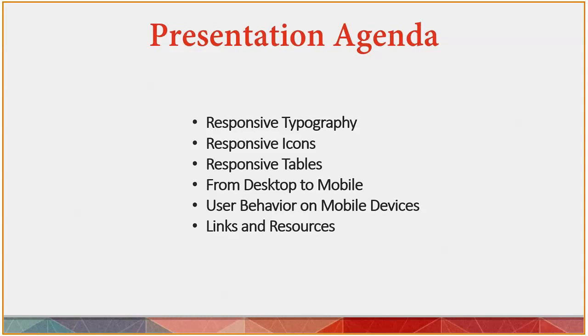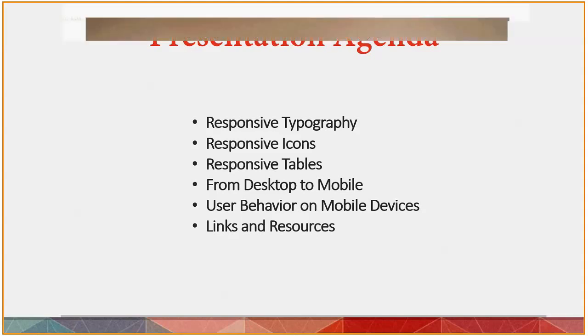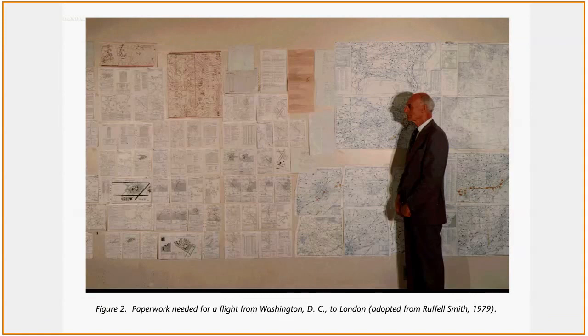Okay, so the next slide is a little bit about the history. This is a picture from 1979 where the plan was all on paper, planned for a flight from Washington DC to London, and as you can see, back then they had an issue how to present some simple things graphically.